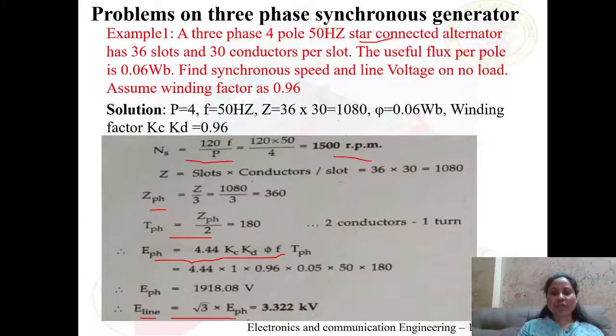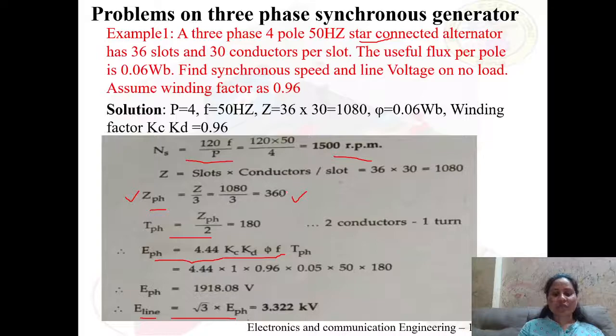There are Z total conductors and it is a 3-phase system, so we distribute 1080 conductors in 3 phases. ZPH is Z divided by 3, which gives 360 conductors in each phase.